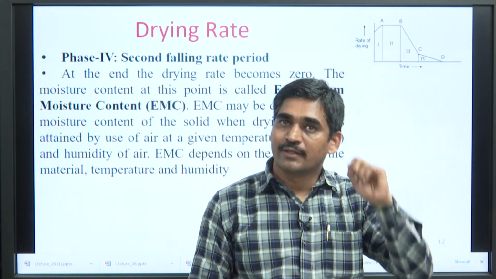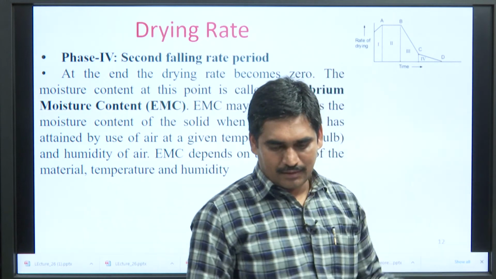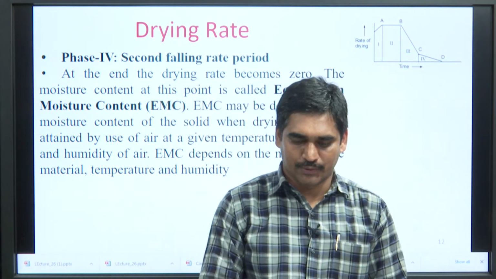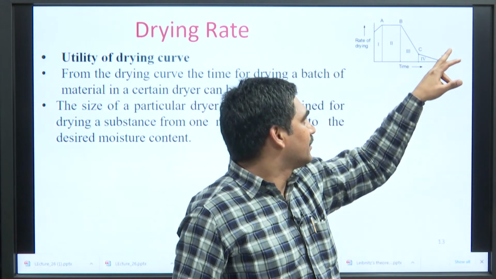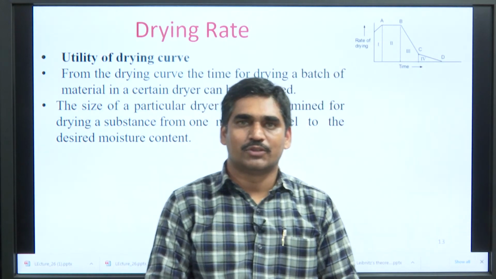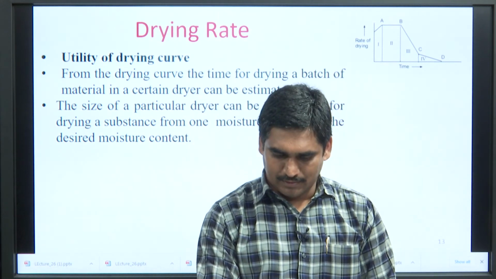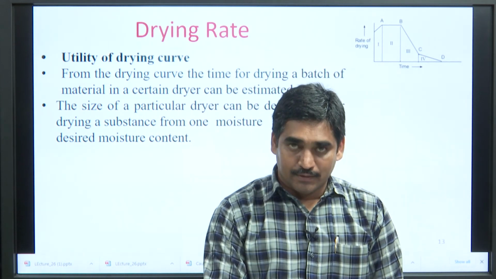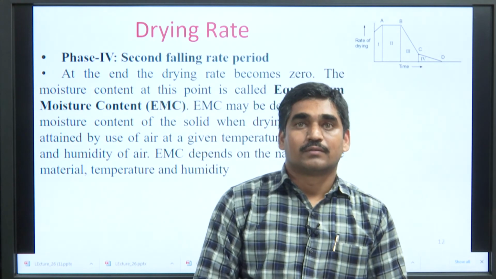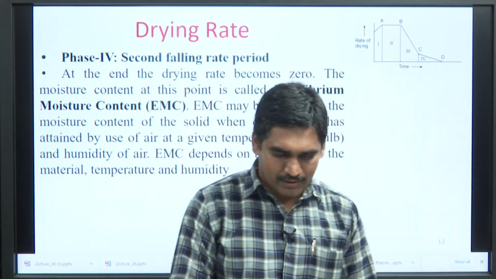At the end of this drying, you see at this end the drying rate becomes 0. The moisture content at point D is called the equilibrium moisture content.